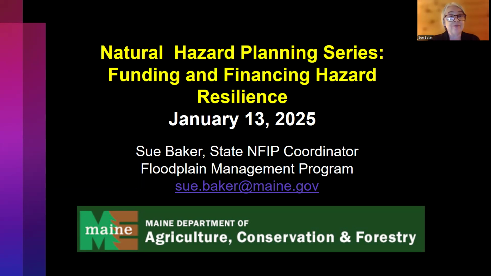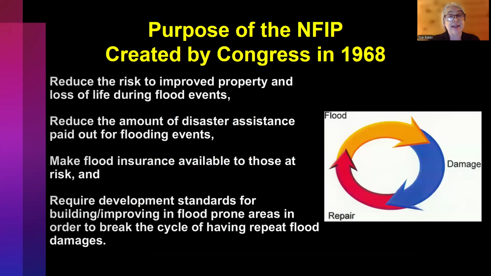So we'll dive right into the next slide. And the first thing I'm going to do is just give a couple of background slides just for how the National Flood Insurance Program works and why it was created.